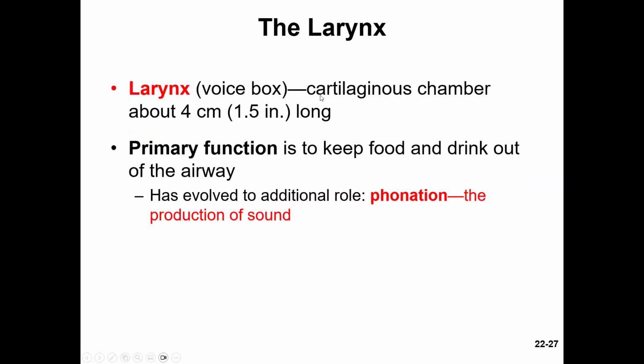The larynx, voice box, cartilaginous chamber, main function is to keep food and drink out and to produce sound. So the larynx maintains your open airways, also acts to keep the food and drink out of the airway, and for us, allows us to make sounds and turn it into speech.